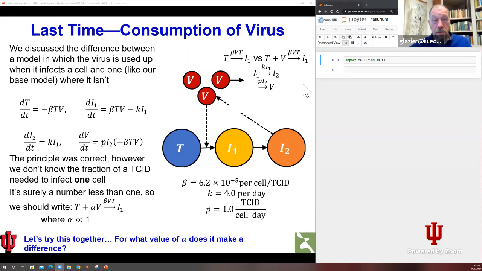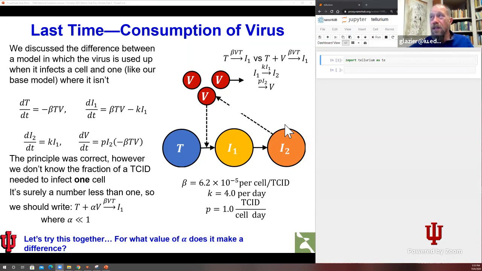But what I was not thinking about carefully was that the units that we're measuring virus in are not viral particles, which are the things that are infecting individual cells, but rather TCIDs, which are this sort of funny operational unit. And one TCID is definitely a lot of viral particles, but we have no idea how many.